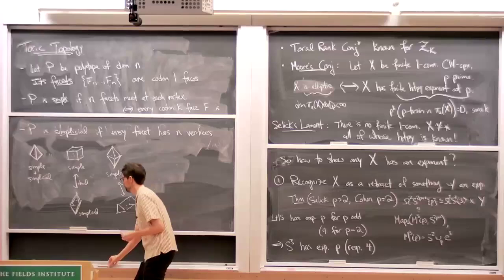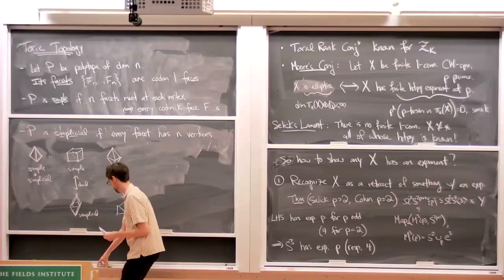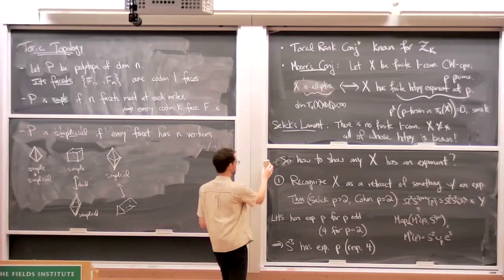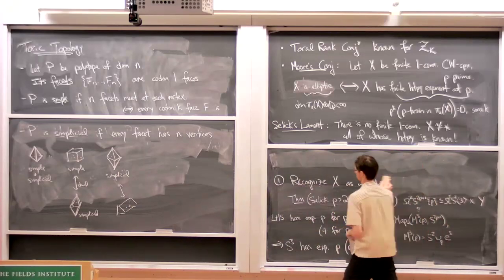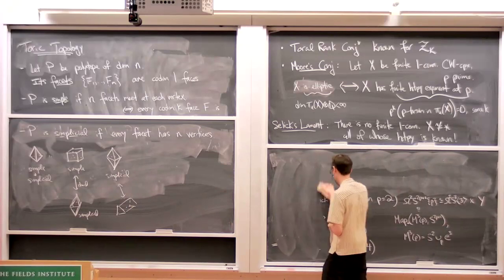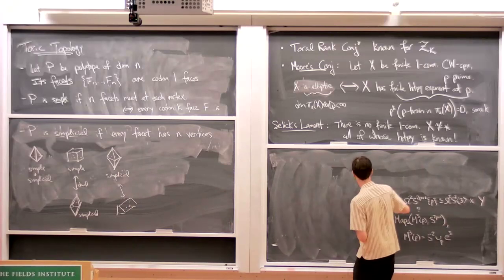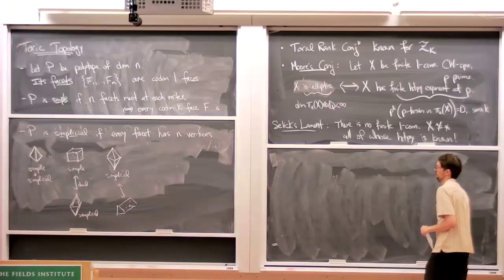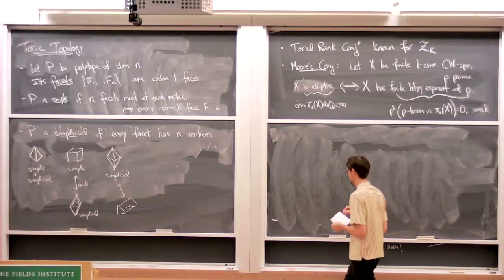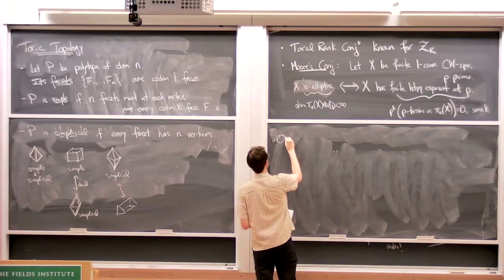So that's the only combinatorial input we need for Davis and Januszkiewicz's definitions. So here are the original definitions.